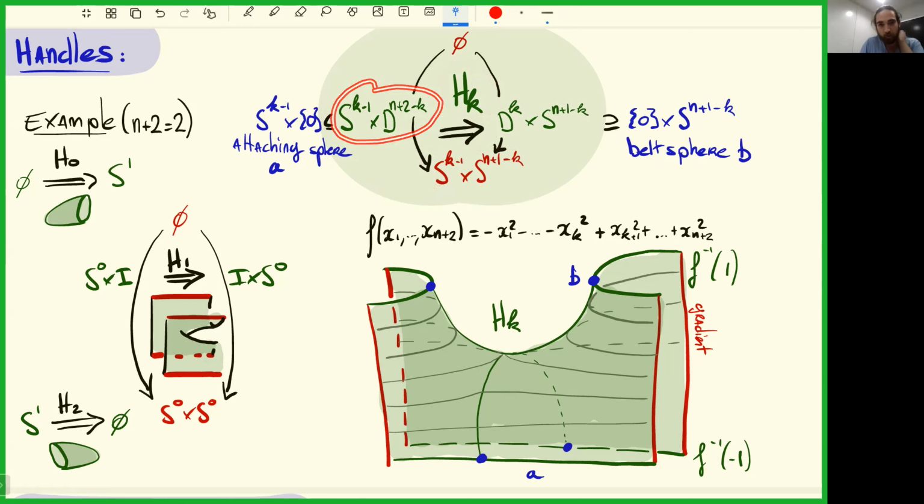The incoming n+1 cobordism is this S^{k-1} cross a disk, and the outgoing is a disk cross a sphere. What you should have in mind is that my H_k looks like D^k cross D^{n+2-k}, a product of two disks. This product of two disks has two boundaries: one is the boundary of the first disk cross the second disk, and the other is the first disk cross the boundary of the second.